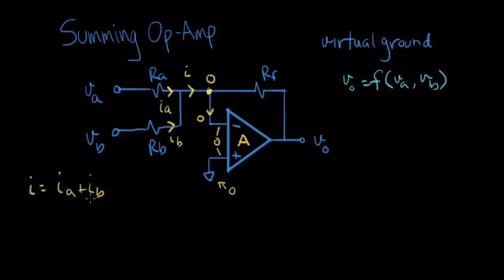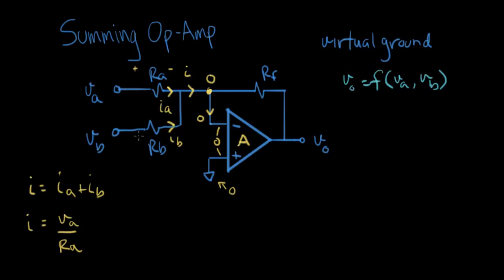Let me write IA and IB in terms of Ohm's law here. So I equals, what is IA? IA is this voltage divided by RA, and this voltage is VA minus 0 volts. So it's VA over RA. And now let's write down what IB is.